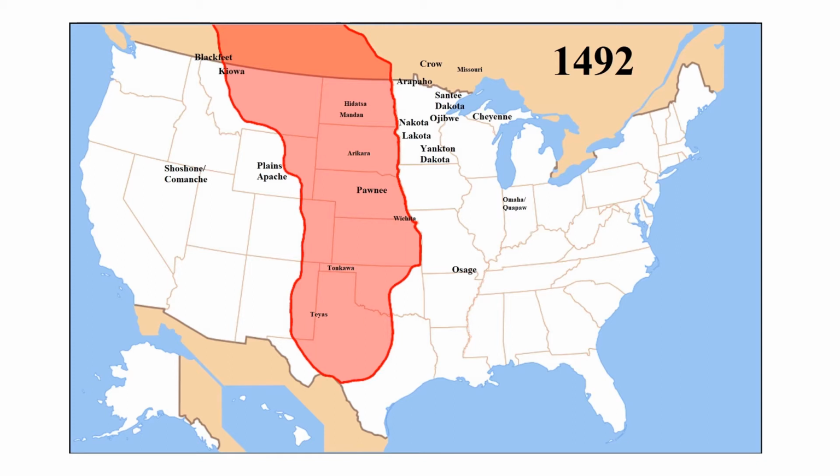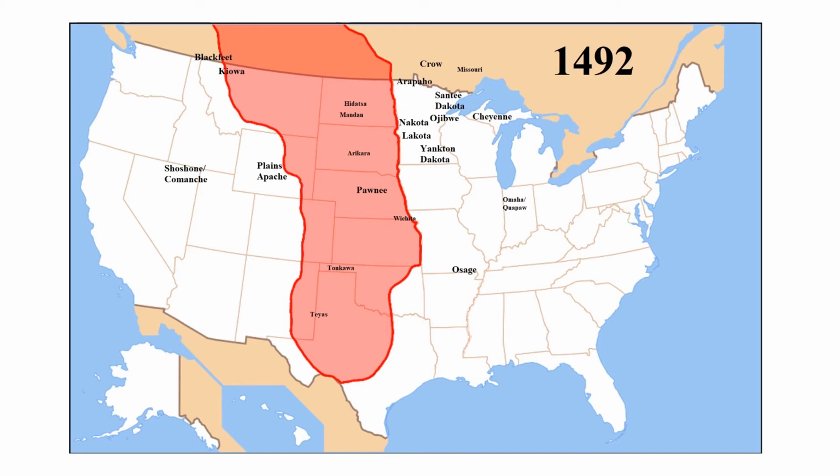And all these tribes that are scattered across the map are the ones which in that earlier map were all in the plains area. So as you can see, before European arrival, most of those tribes that we looked at before were not on the plains.